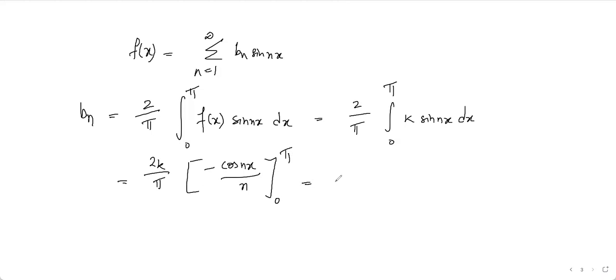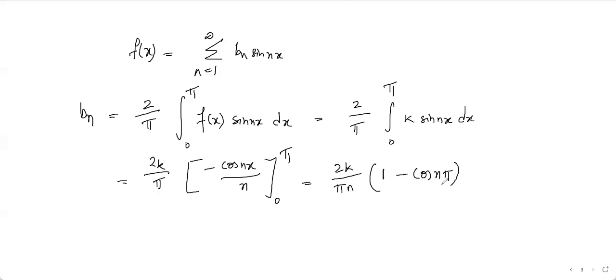Again, by substituting the limits x as 0 and pi, this will be 2k by pi n times 1 minus cos n pi.